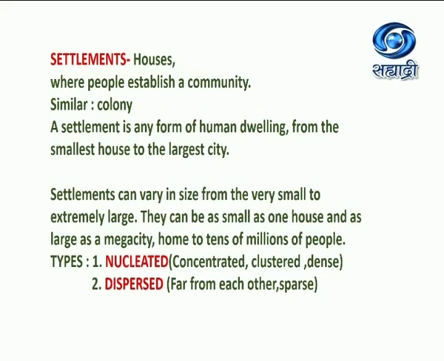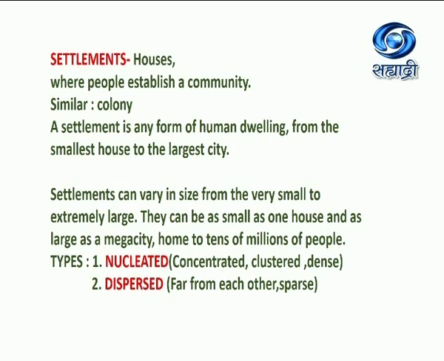In geography, settlements can vary in size from very small to extremely large, as large as a megacity home to tens of millions of people. In this chapter, we will see what type of settlements exist in both the countries.